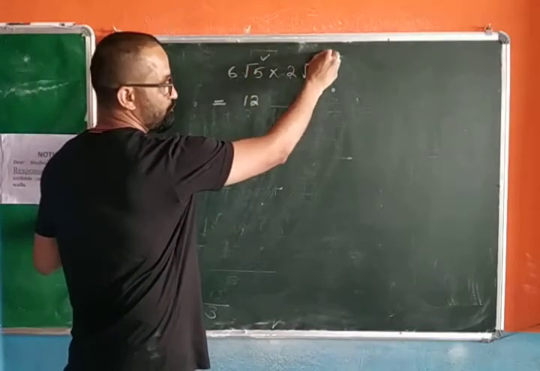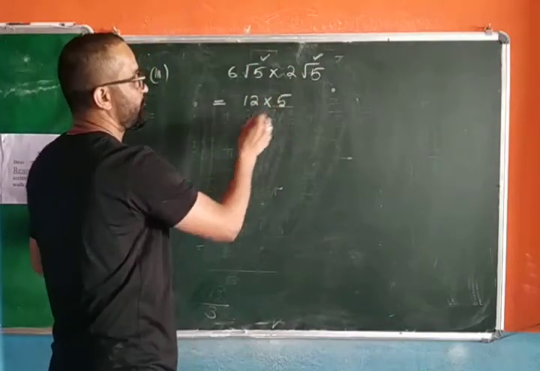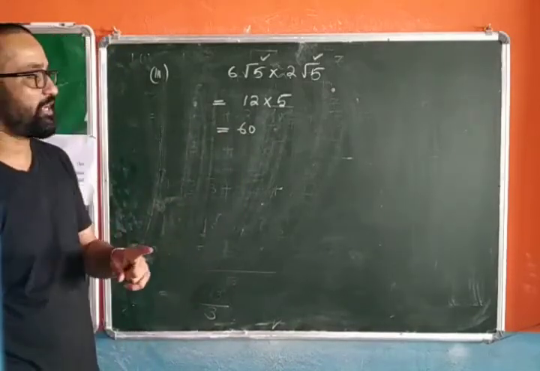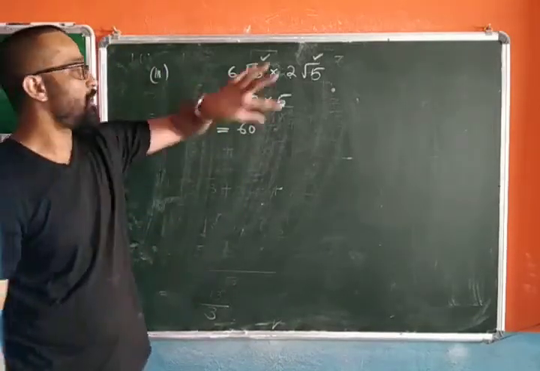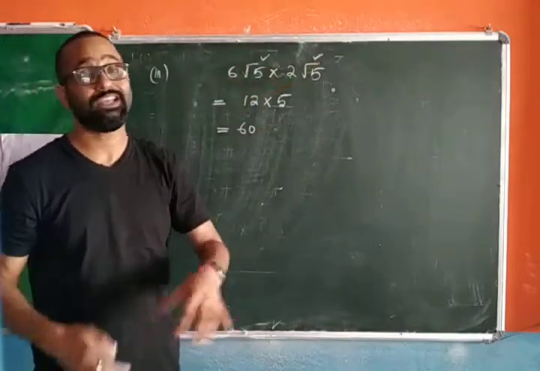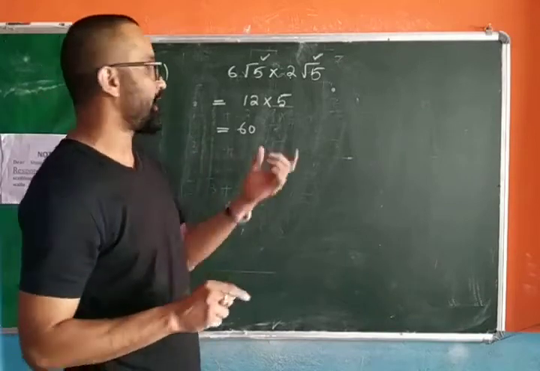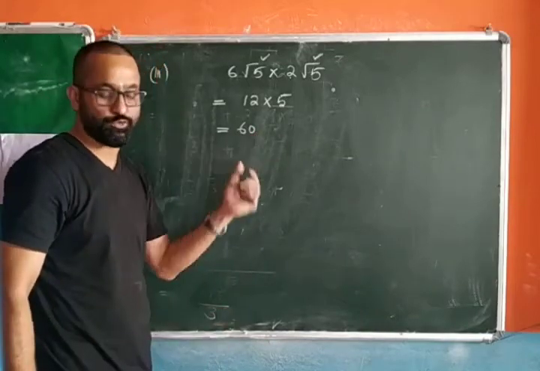Root 5 multiplied by root 5 gives you 5. 12 into 5 is 60. And as I explained to you, in irrational numbers, the product of two irrational numbers need not be irrational. It can give you a rational number also.